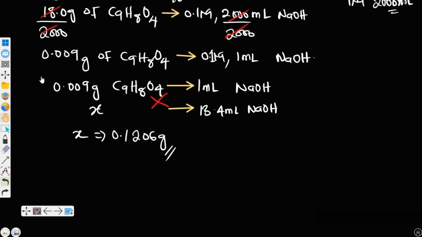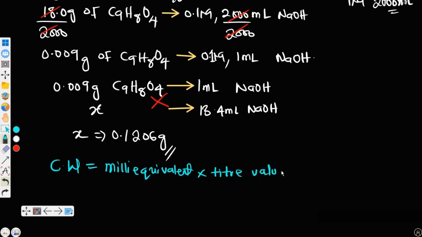In case you don't want to use this method, you use the method of calculated weight and milli equivalent. Calculated weight is equals to milli equivalent times titer value times factor.